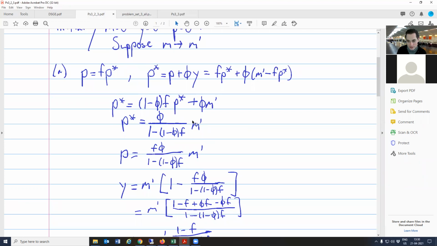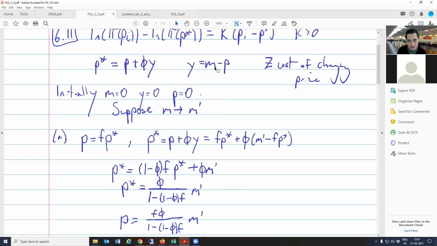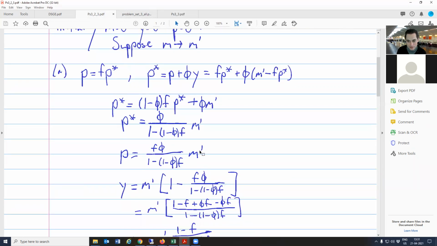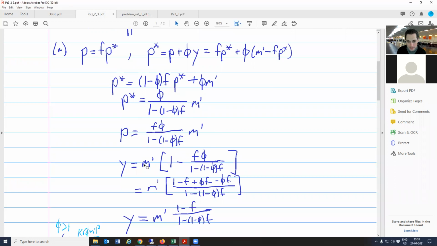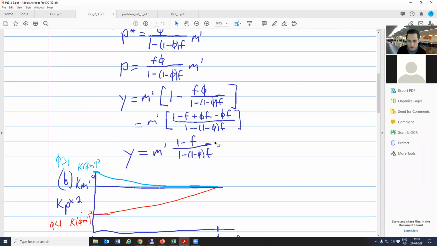So p is equal to f times P star. And then finally we have y, but y is just m minus p. So it's m prime minus this function of m prime, which is 1 times m prime minus this expression times m prime. Take m prime up front, do a little algebra, and you end up with this relationship.